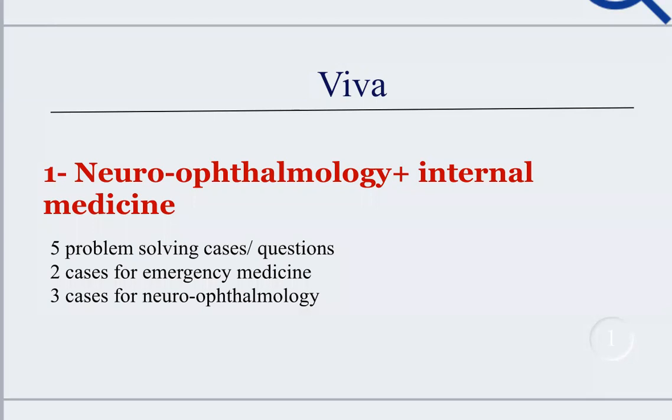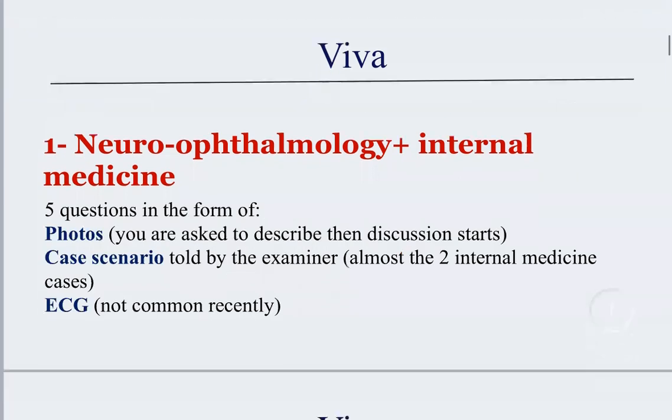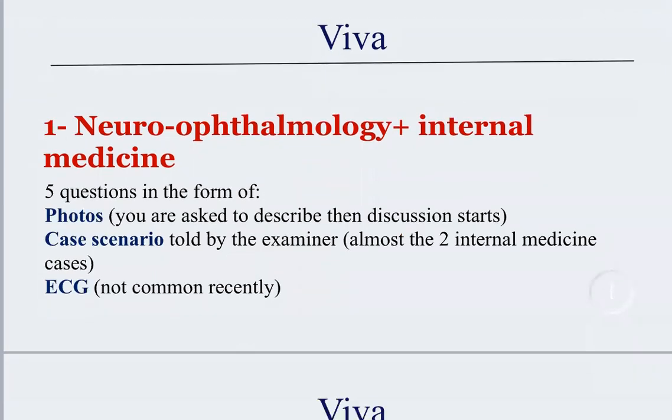In this part, you have 5 problem-solving cases or questions, 2 cases for emergency medicine in the form of case scenario mostly, and 3 cases for neuro-ophthalmology. Actually, the questions are in the form of photos, which is common. You are asked to describe what you see, what is the lesion, what are the positive signs, what is the spot diagnosis or the differential diagnosis of this, and then the discussion starts.